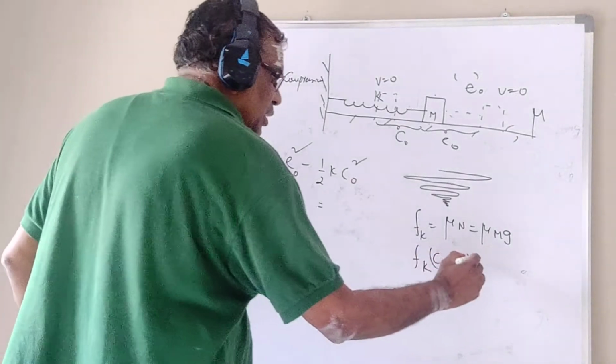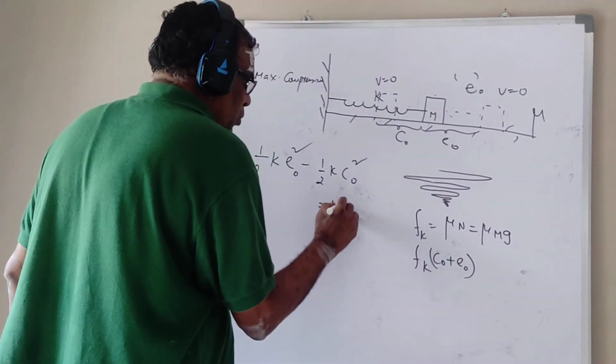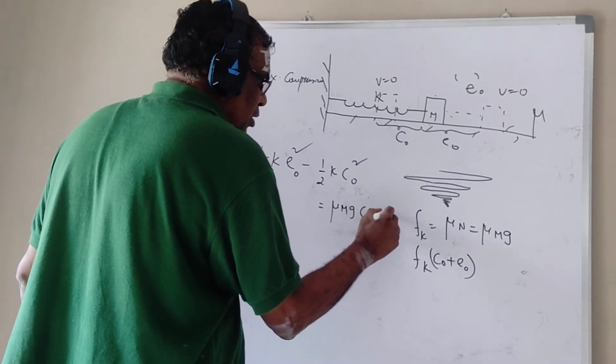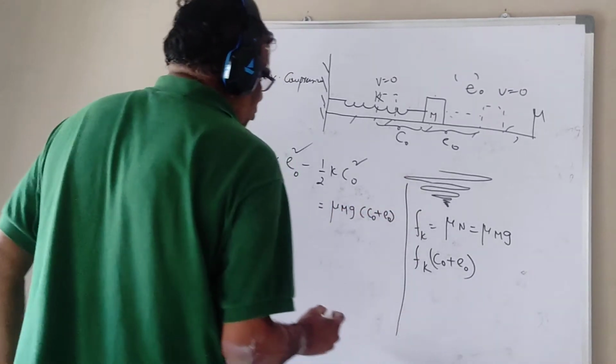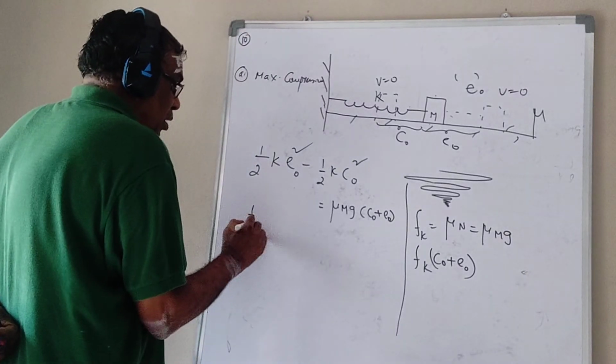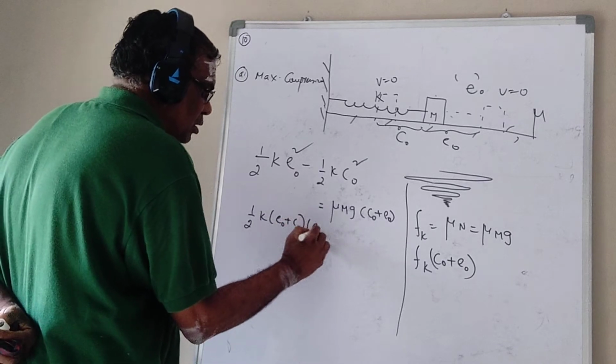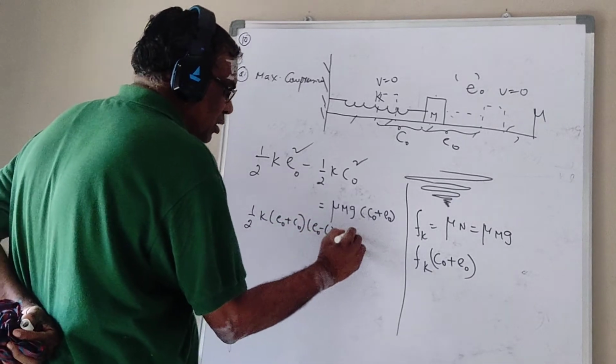So work against friction is mu mg into C naught plus E naught, which equals half k E naught square minus half k C naught square.